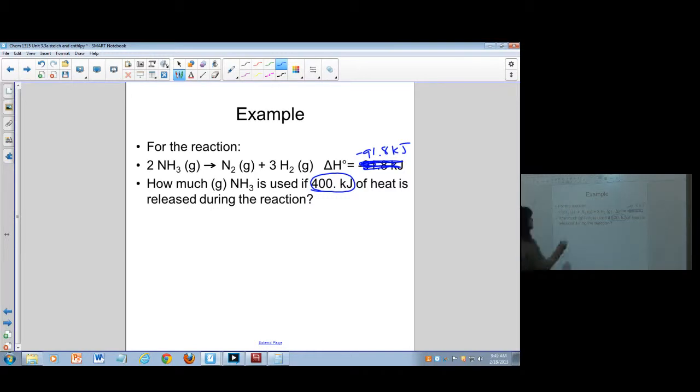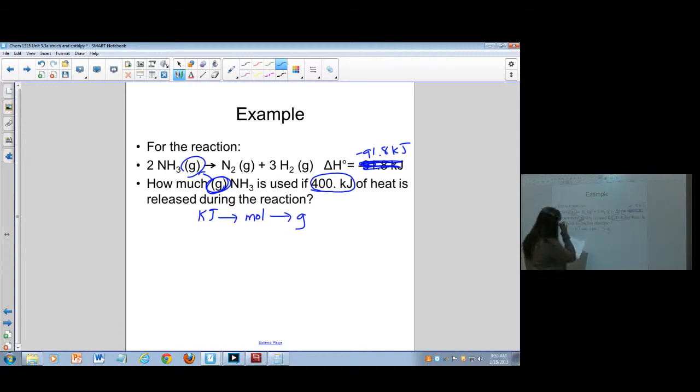So in this case, we're going to go from, and this tells you grams right here. Be careful, that's gas and that's grams. We're going to go from kilojoules, in this case, to moles to grams. Okay, so basically we're working backwards from where we were once before. So let me see.